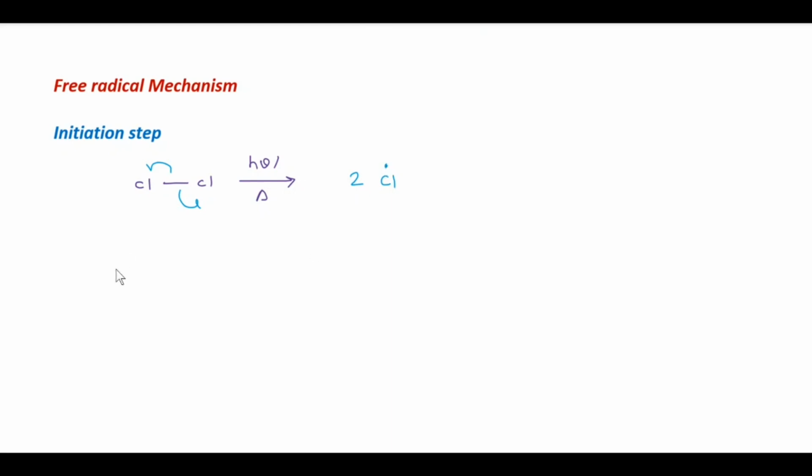Another example is like this. This is an example of benzoyl peroxide. This benzoyl peroxide acts as an initiator. Here formation of radical takes place.